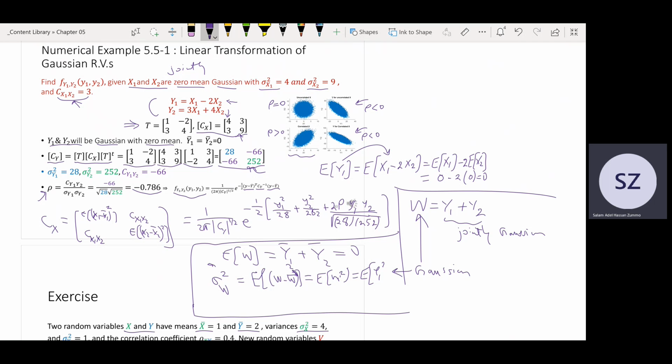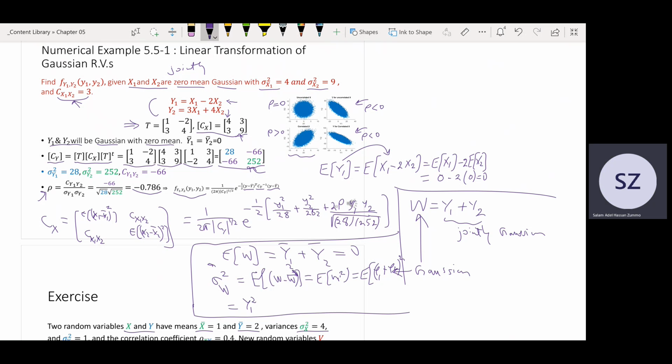Y1, sorry, Y1 plus Y2 whole square. But what is this equal to? Open up the square. So what do we have?